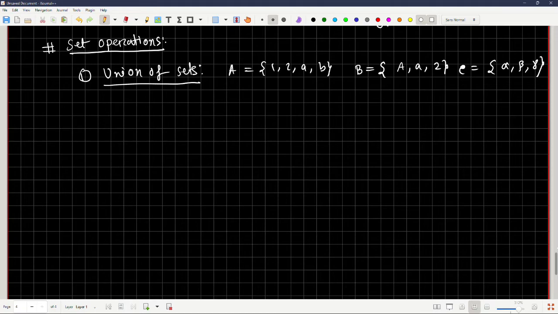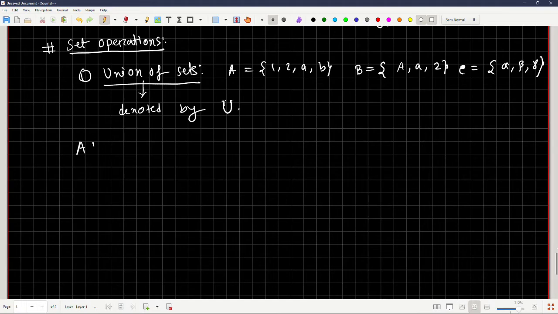The union of sets is denoted by this. It's called a cup symbol. If you are familiar with LaTeX, you will type \cup to implement the symbol. I don't know if it has any separate name of its own, but I call it the symbol of union. It's a big U, that's it.